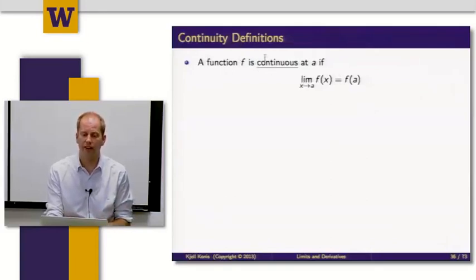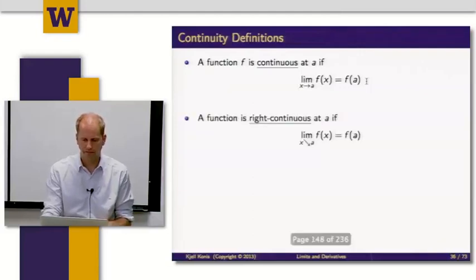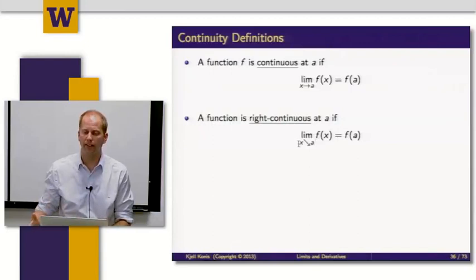So we say a function f is continuous at a point A if the limit as x goes to A of my function f of x is equal to f of A. And then we can be a little bit more precise about this. So we say a function is right continuous if, as I look at points that are greater than A and move down towards A, the limit of f of x is equal to f of A. And then we have the same idea.